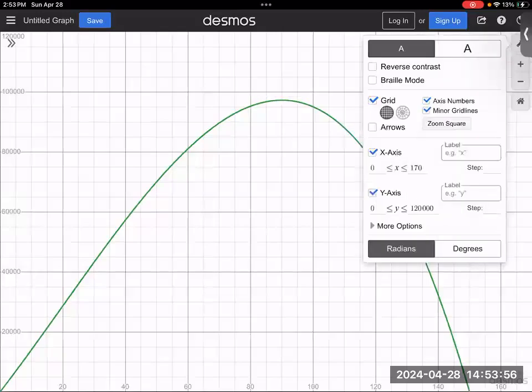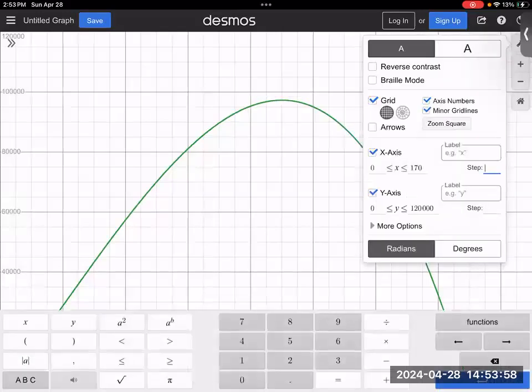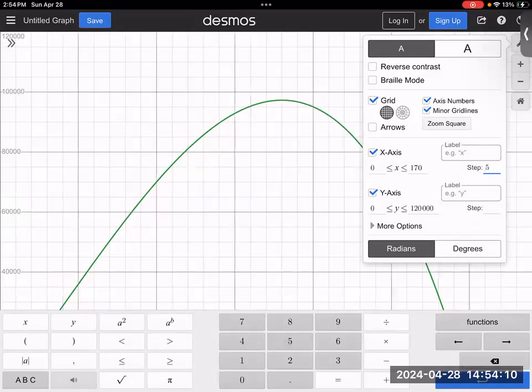Now, if you are curious as to what the scale might be, perhaps you're doing this on a TI-84, just look at the values between 0 and 170. If it's a pretty wide range, then we can be at like 5s or so, not so bad.